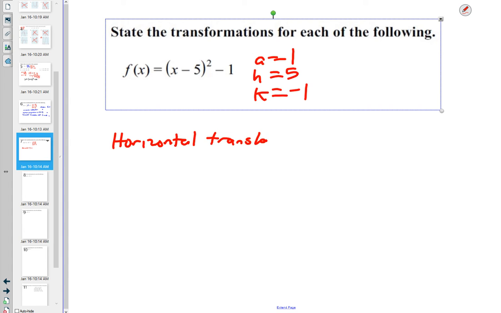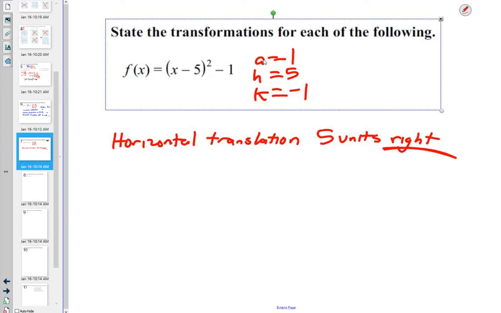If you leave out the word horizontal, that's okay, because now we're going to say 5 units to the right. Since the word right already denotes that you're going horizontally, even if you weren't to write horizontal, that's fine. You can just say translation 5 units right.